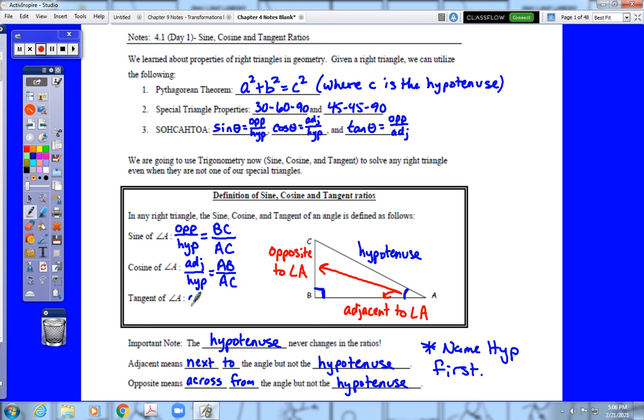And the tangent of angle A is opposite over adjacent, which would be BC over AB. SOHCAHTOA. And all of that should not be new information. We should know all of that coming in from our geometry course, which may have been 2 years ago.